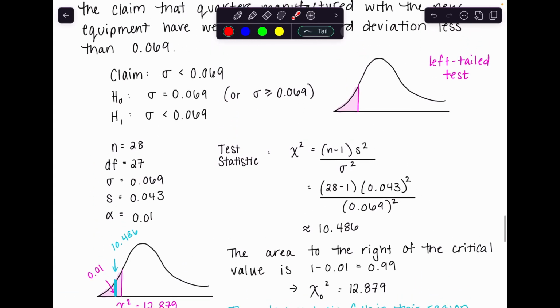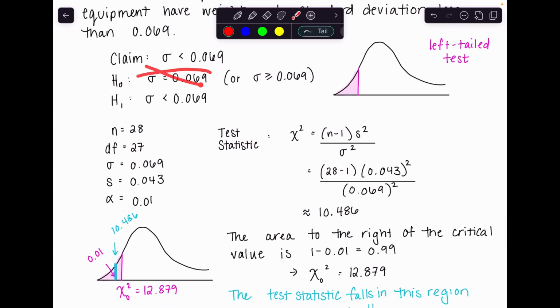So if I'm rejecting the null hypothesis, that means there's evidence to support the claim that I'm giving, because the alternate is likely true. So likely this new equipment is giving a smaller standard deviation, and it is more efficient.